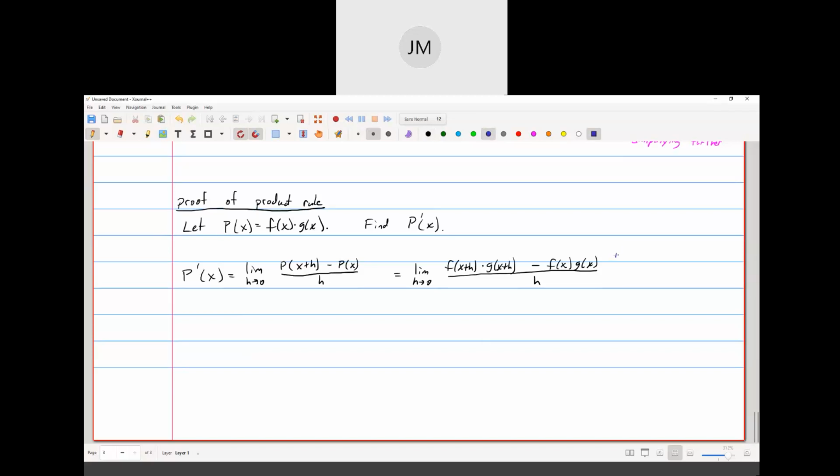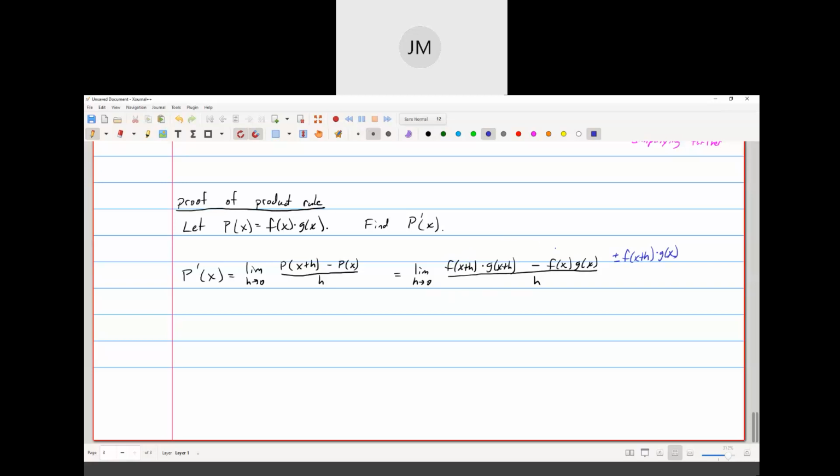So what I'm going to do is add and subtract f of x plus h times g of x. And it's not really obvious at this step why I'm doing that. But we'll see in the next step why that's so helpful. But to give you an idea, if I want to create a derivative with f of x plus h, then I want an f of x plus h minus f of x.